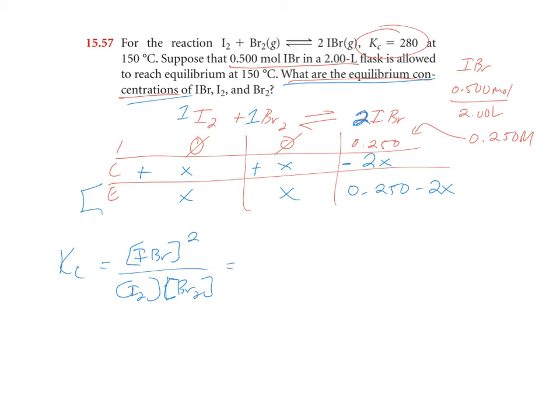Now if I plug in, my numerator is this binomial 0.250 minus 2x. It is squared over I2 is x, Br2 is x. And this all equals K sub C up here, 280.